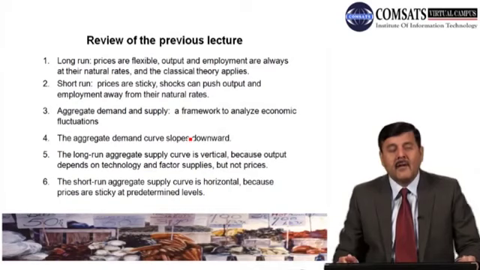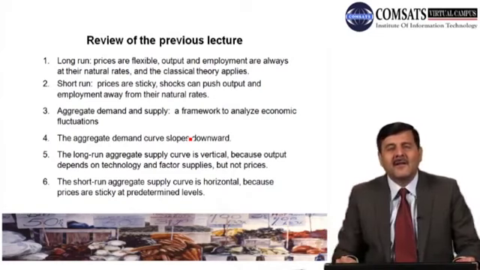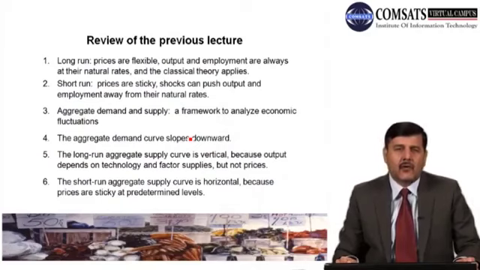In the short run, since prices are sticky, at a predetermined level, whatever the level of output produced and sold in the economy, prices will remain the same. Prices are stuck at a predetermined level, so we have a horizontal short-run aggregate supply curve.